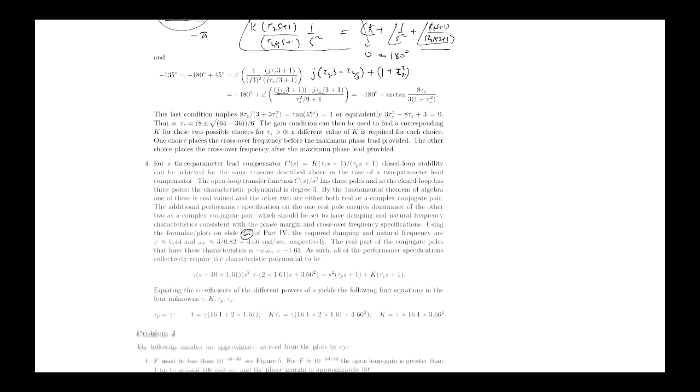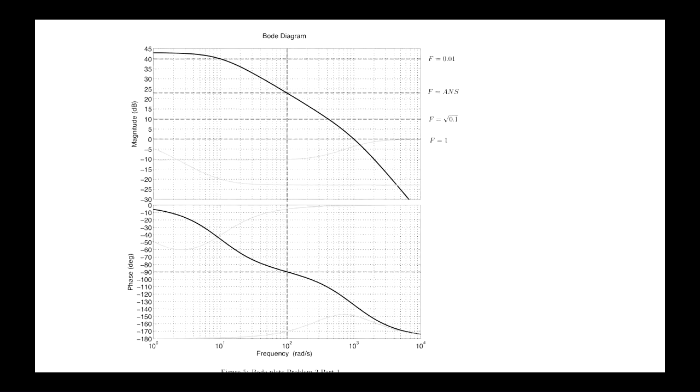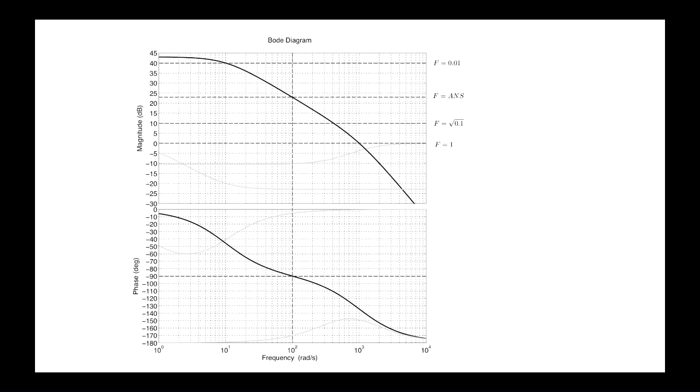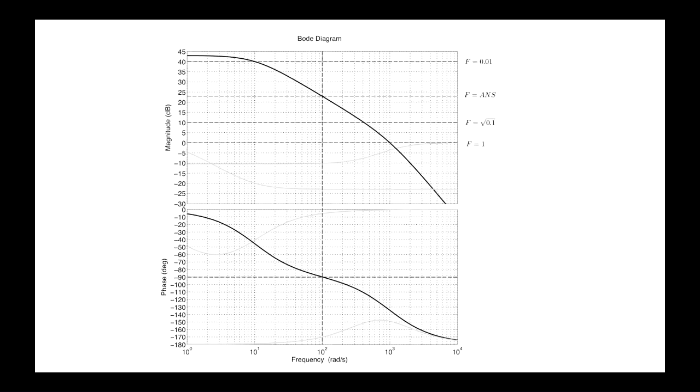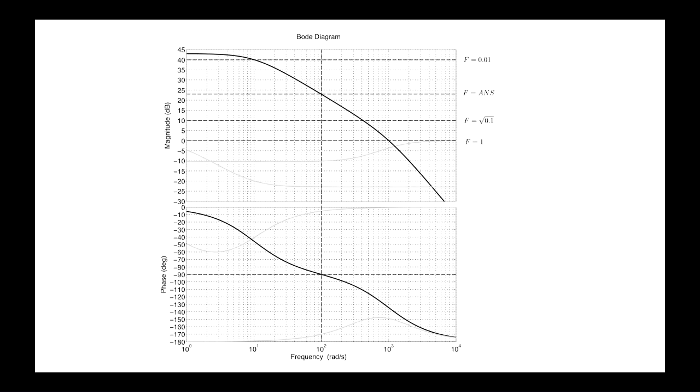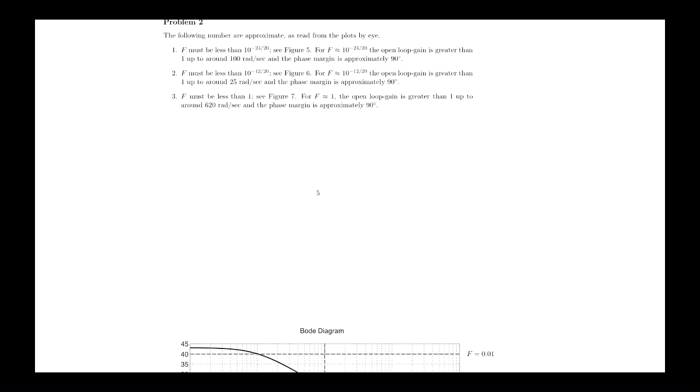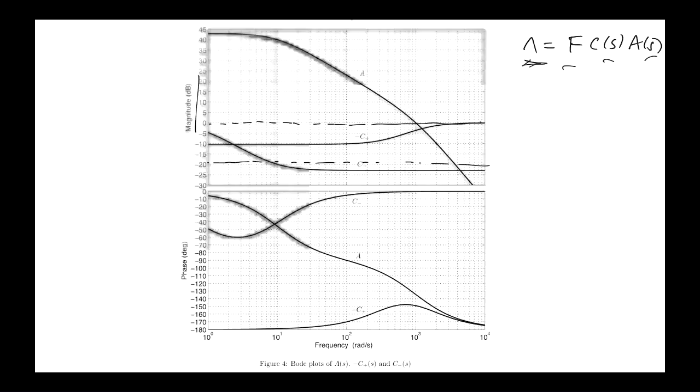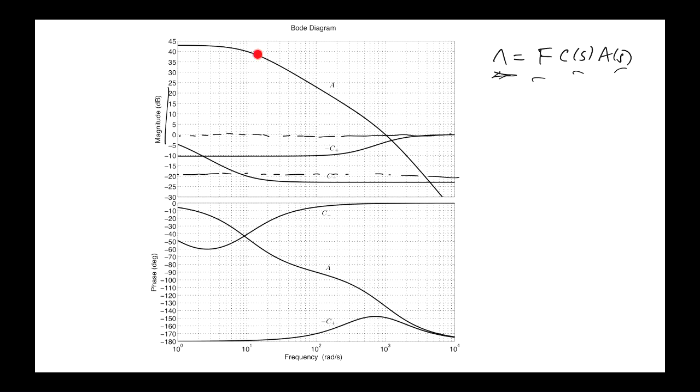So, in the proposed solutions, it's just saying, when do I get a phase margin of 90? In the case where there's no compensation, just the resistor divider network, here when I'm adding to this, with F equal to 0.1, I'm going to bring this down.